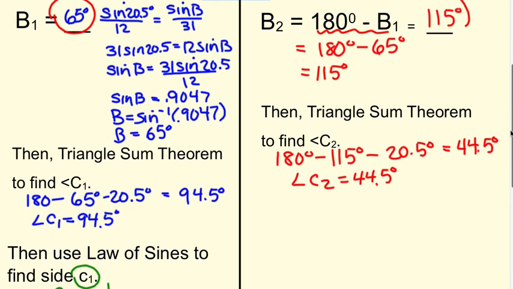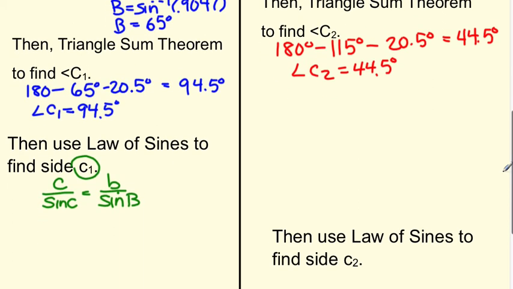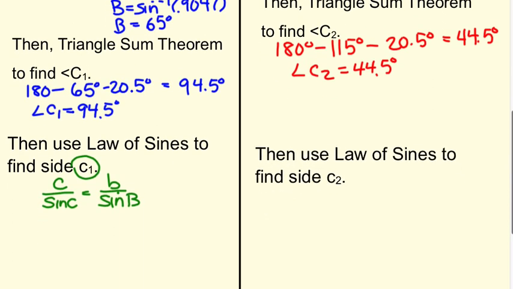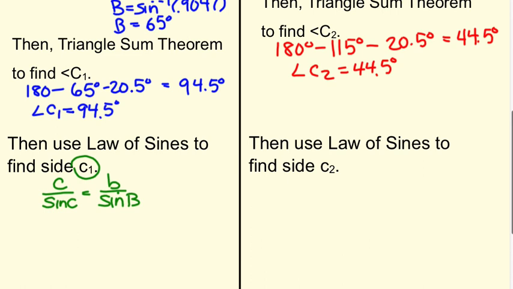The last piece that we don't know yet is side C2. We would use our law of sines and find side C2. So we'd say side C over sine of C equals, you can use side A again if you want, over sine of A. You cross multiply and solve for C. And that's how you use the law of sines when you have two triangles existing in that ambiguous case.